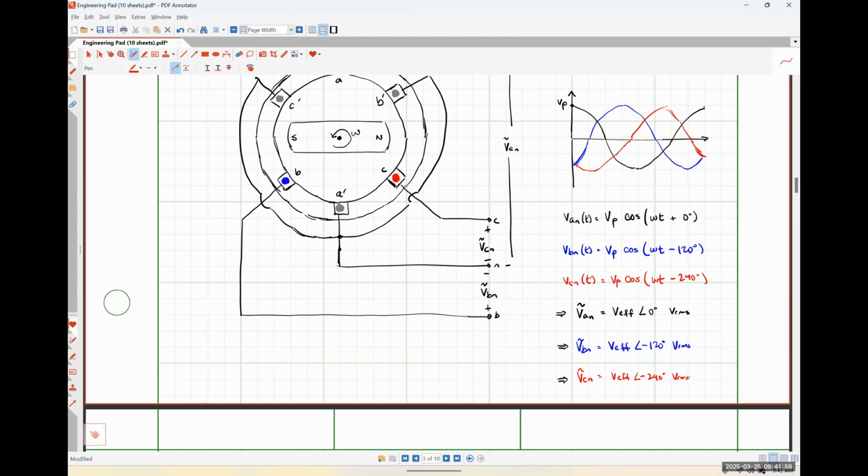What do you get? 0. Yeah, so 0. So in a balanced system, if we add all those voltages together, we're going to wind up getting 0, which hopefully should make a little bit of sense. Remember when we added our currents together in that balanced single phase 3-wire system, we found that our neutral current is 0. We're going to get lots of zeros. It's going to wind up making the math easier as long as we're dealing with balanced systems, okay?